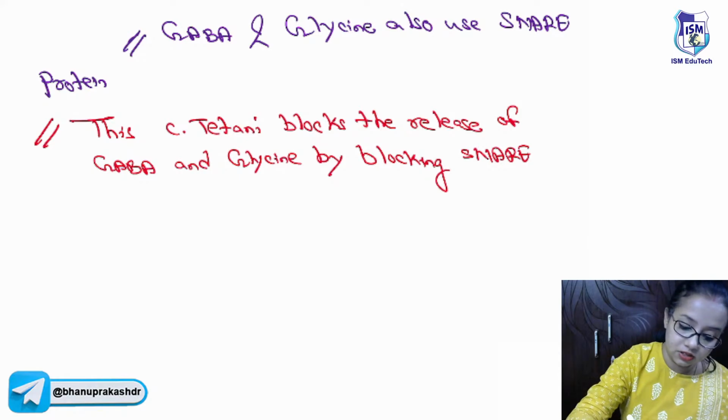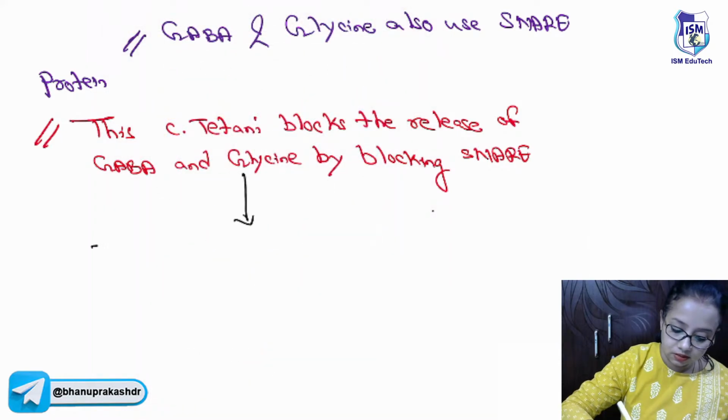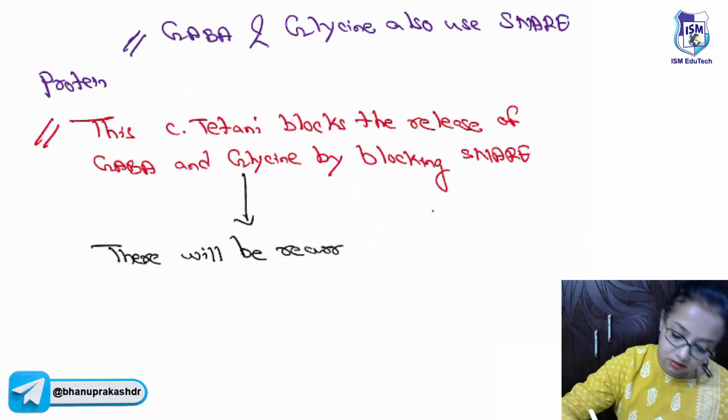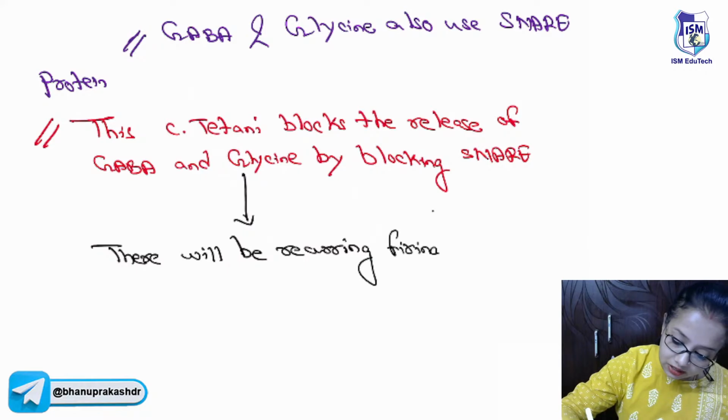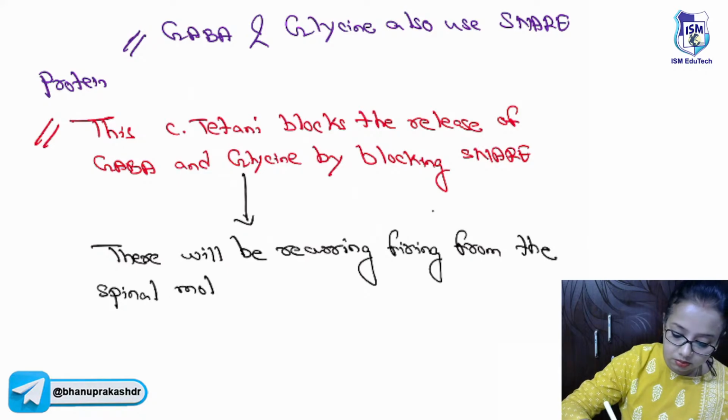As a result of which, what will happen? There will be more and more firing. There will be recurring firing from the spinal motor neuron.